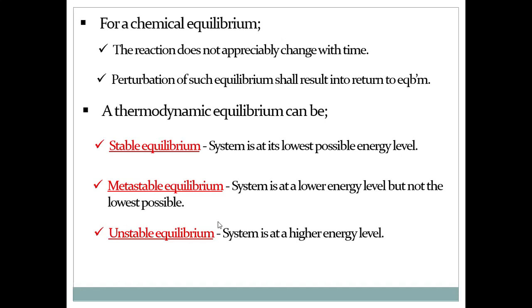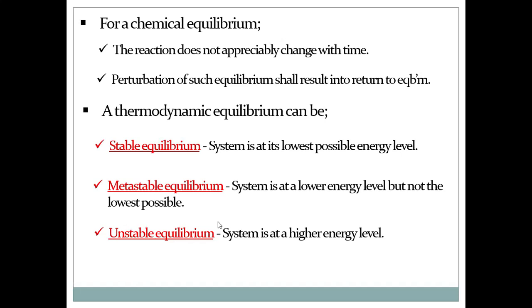We can give an example, a mango on the top of a tree, then a mango falling but halfway between the tree and the ground, then a mango which has actually reached the ground. So the mango on top of a tree is in a state of unstable equilibrium because it's at a higher energy level.